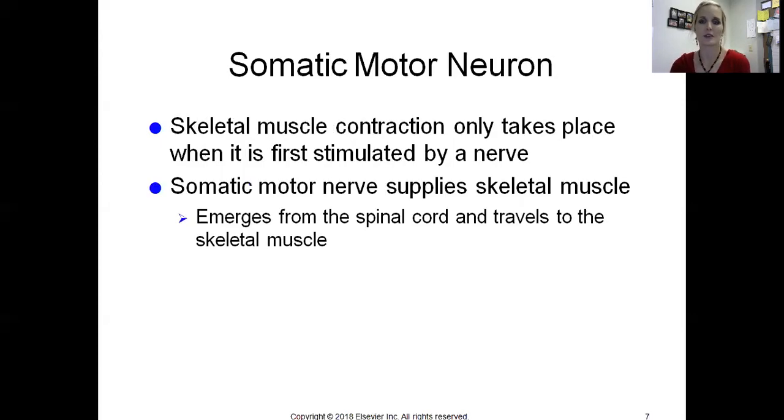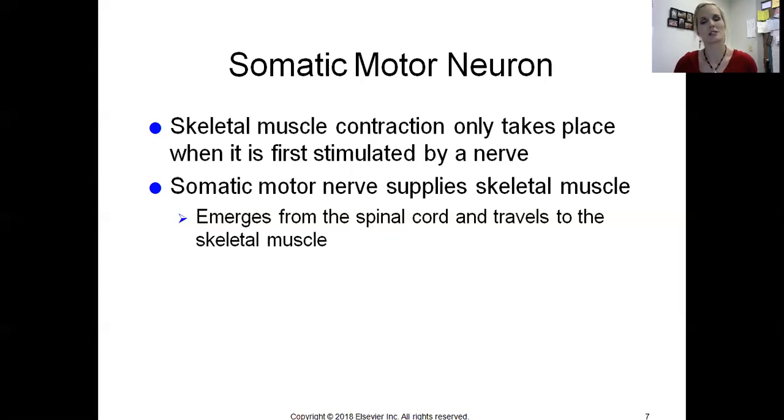So to briefly talk to you guys about somatic motor neuron. Again, I mentioned when we were talking about the muscle tissue that our skeletal muscle tissue was the only voluntary muscle tissue. It is what we'll talk about when we get into our nervous system chapter next week.